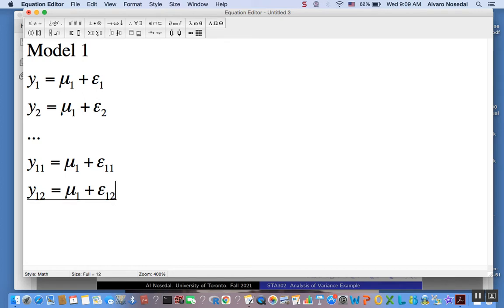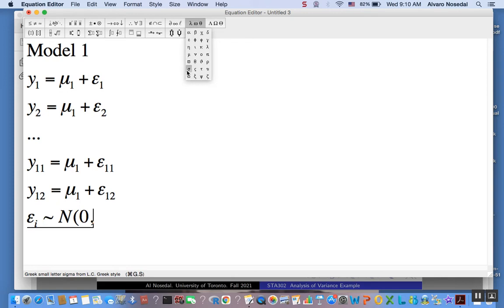We just want to use a constant to predict these guys. We have an epsilon that represents a random fluctuation. And the assumption for the epsilons is the one we always have: the distribution of the epsilons is normal with mean 0 and some unknown variance, sigma squared.